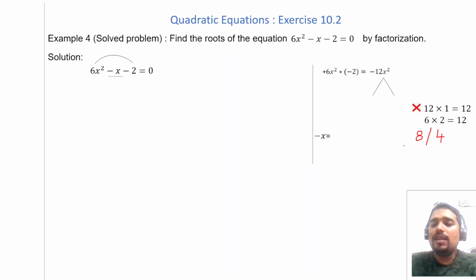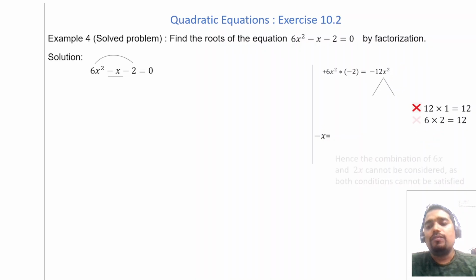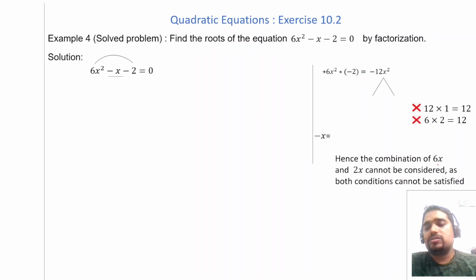So we would never be able to get 1x like what we require here. Therefore the combination of 6x and 2x also cannot be considered, as the second condition is not getting satisfied even if we are able to satisfy the first condition. Both conditions are not getting satisfied.